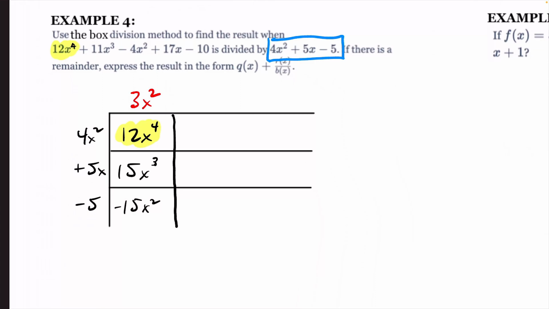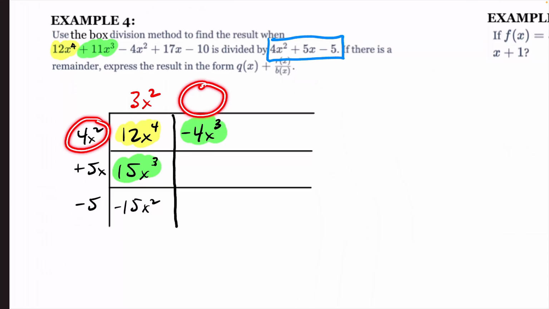Okay. Take one of your colors. We got to make 11x cubed. So these two guys here are going to add to make positive 11x cubed. So what do I need to add by? Subtract by 4, right? Add a negative 4 or subtract 4. It's the same idea. This guy times this guy makes negative 4x cubed.